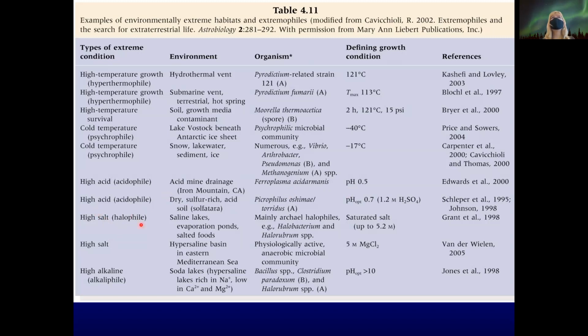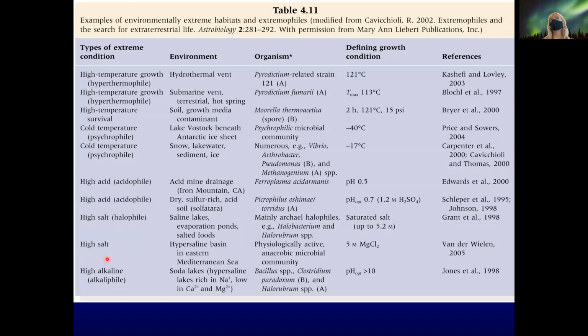Halophile. If you're a halophile, that means you love salt. And hypersaline basin, for example, in the Mediterranean. So super salty conditions, which would, when you salt your food, one of the reasons your food stays fresher, if you like to preserve fish, for example, they often salt the fish for storage. And that's because you're killing most of the microbes.